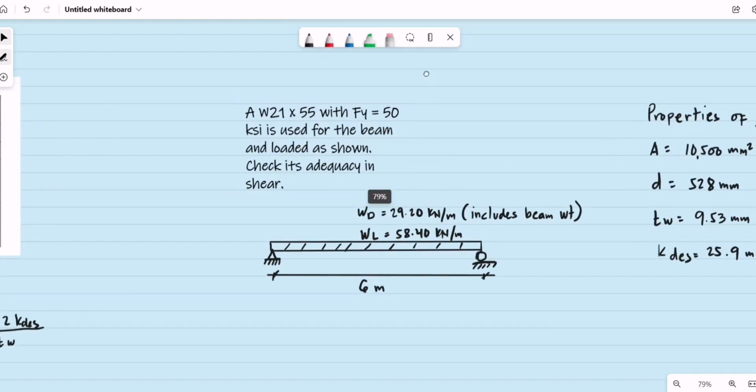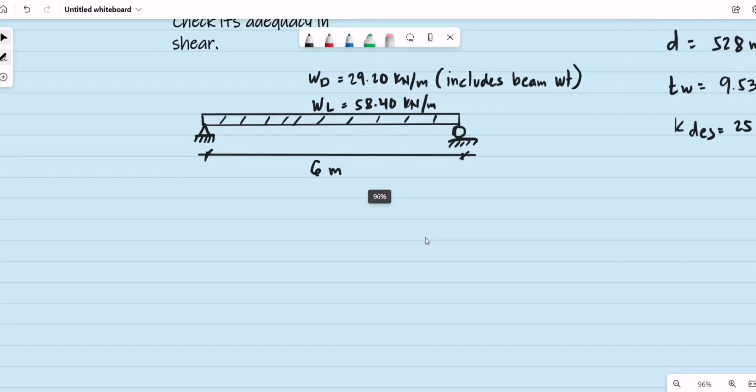We have Fy equal to 50 kips per square inch. We multiply this by 6.895 to convert the value of Fy to megapascals.